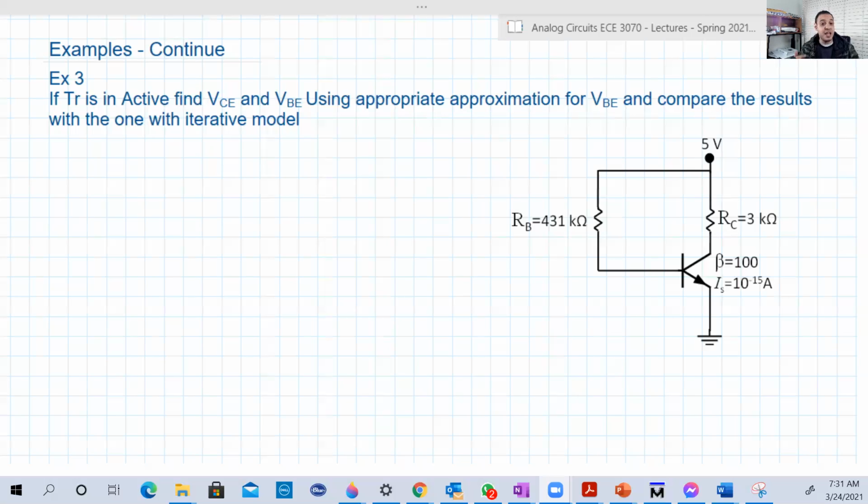Again, like the constant voltage model for the diode, we can apply the same principle here.